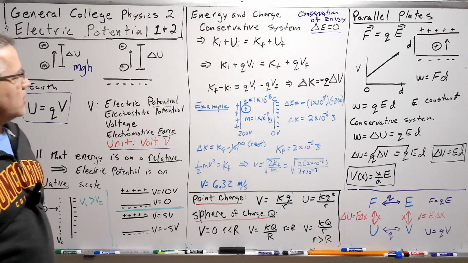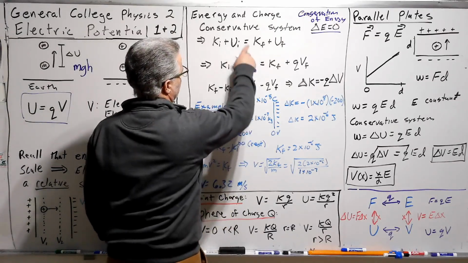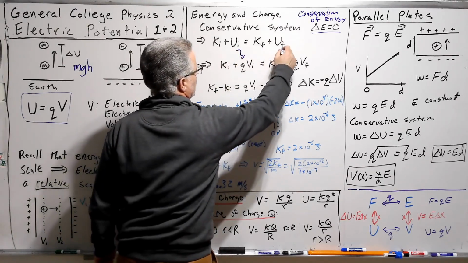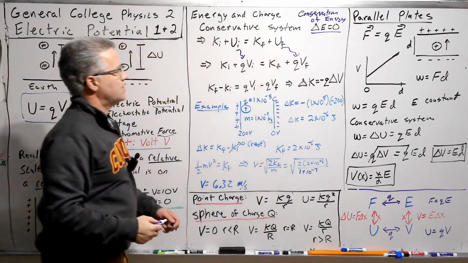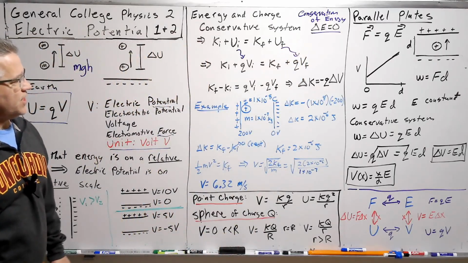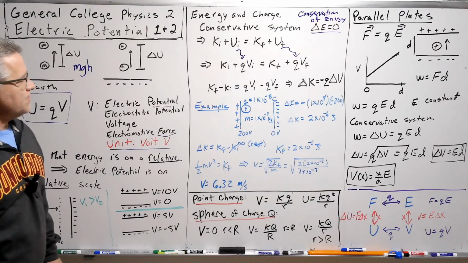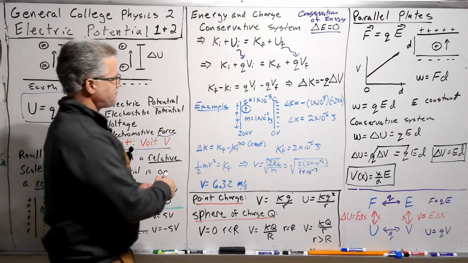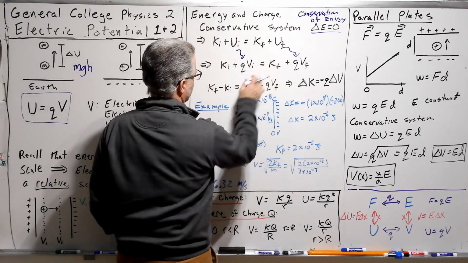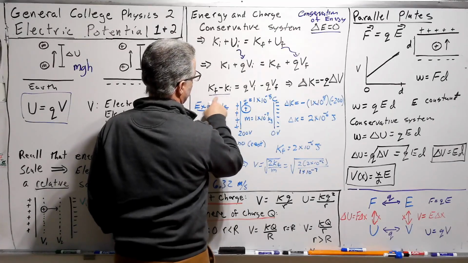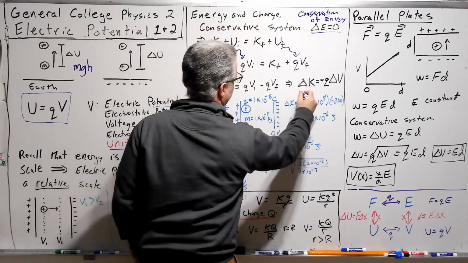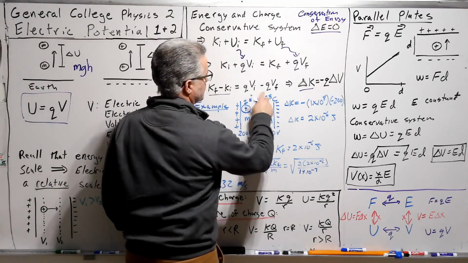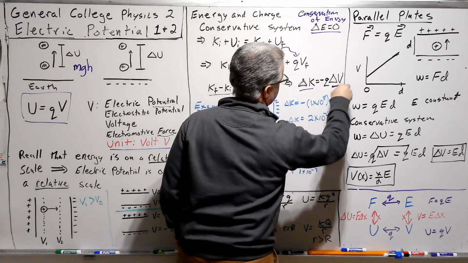So we'll do the same thing here, but under the conditions now of just an electric charge. We know now that the relationship between the potential energy and the electrostatic potential is just multiplying by this charge. And so if we were to rearrange this and make a final minus initial, or a delta K, delta kinetic energy, we're going to end up with minus Q times delta V.